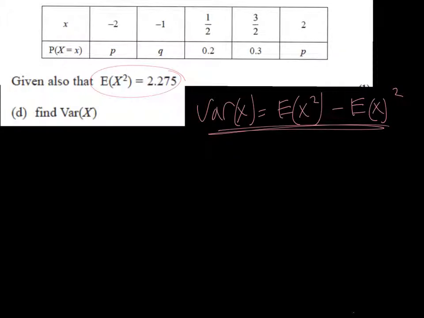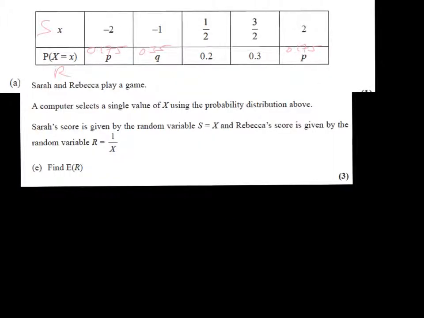We've got from the question E of X squared, which is 2.275, and in the previous question we've got that E of X is 0.4, so if we substitute that in, we will get an answer of 2.115 for the variance.